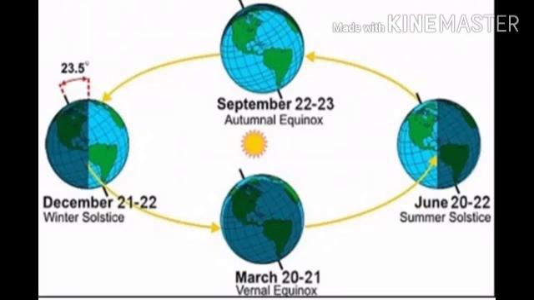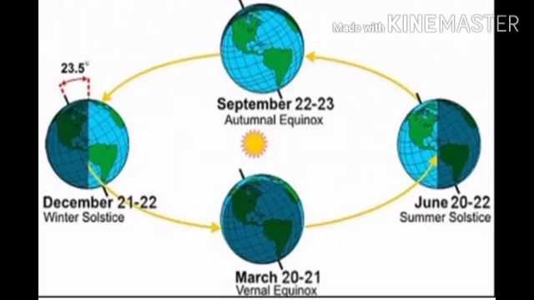When any one of the poles inclines the most towards the sun, the 23 degree 30 minute parallel of that hemisphere receives perpendicular sun rays. The sun rays are perpendicular at the equator on 22nd March and 23rd September, which are the days of equinox.